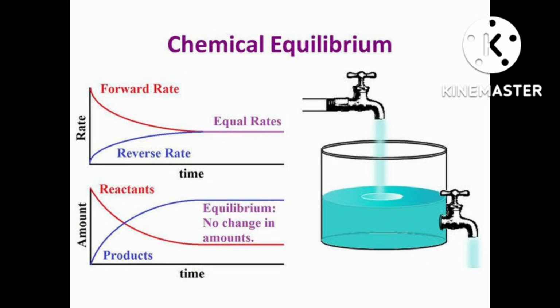In the liquid state, as for example H2O, many H2O molecules are joined to each other by hydrogen bonding, that's why they are liquid. Then the hydrogen bonds will break, and they will go to the vapor form. And again from the vapor form, after some time, it will come back to the liquid.